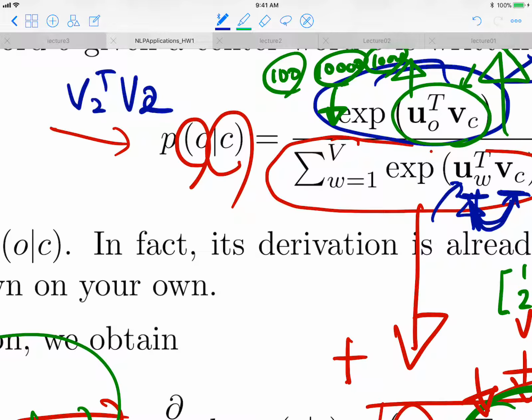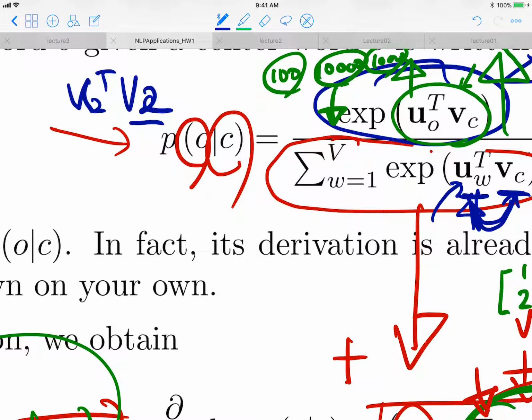We can think of that in terms of the degree of our function to optimize. What will be the degree of this expression? Our variable is v2, right?